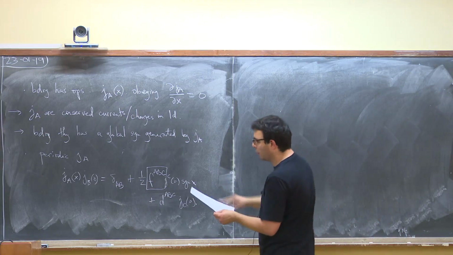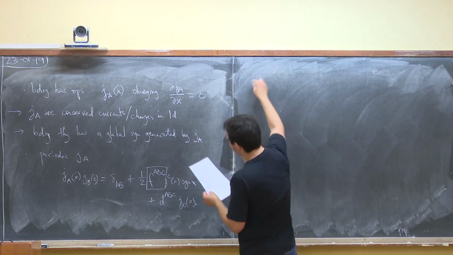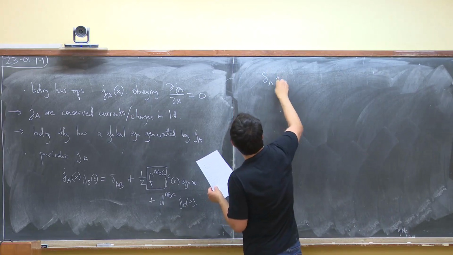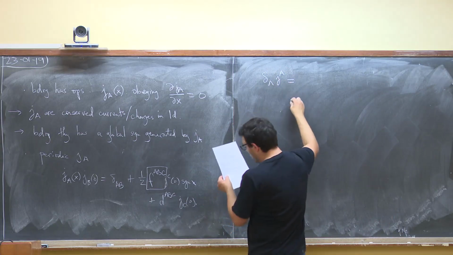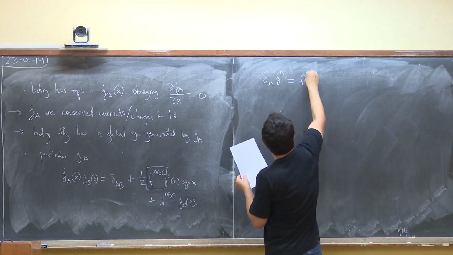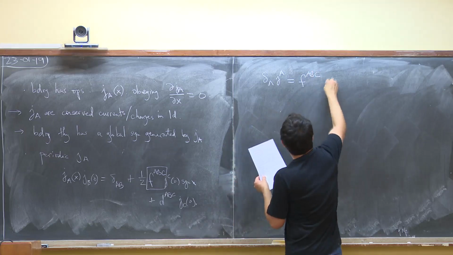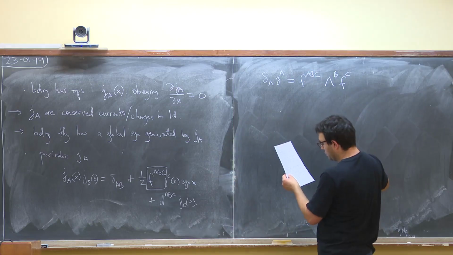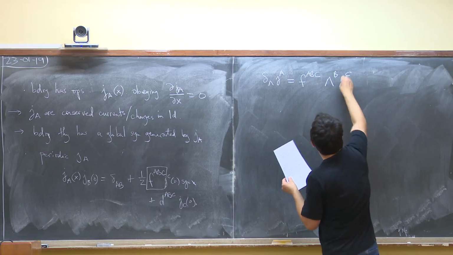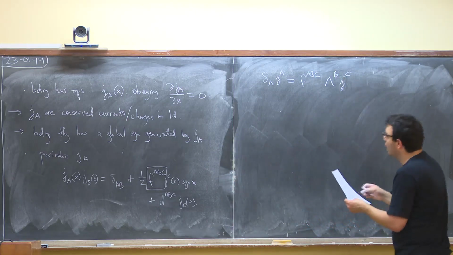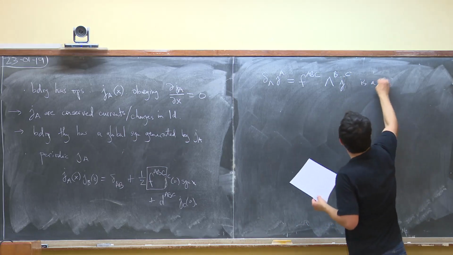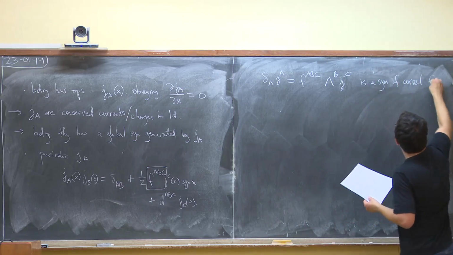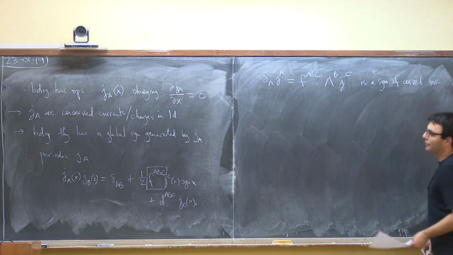Okay, so if you use the OPE, you can show that if you transform all the currents like this, with f^{ABC} lambda^B J^C, this is a symmetry of correlation functions.